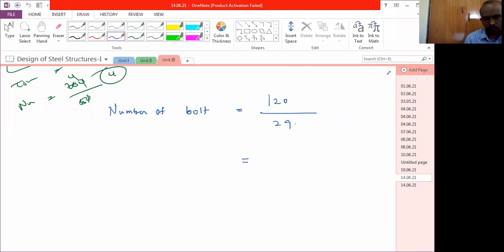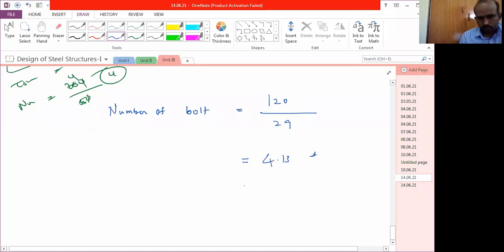It will come around 4. Yes, 4.13, that is correct. So the number of bolts is 4.13.